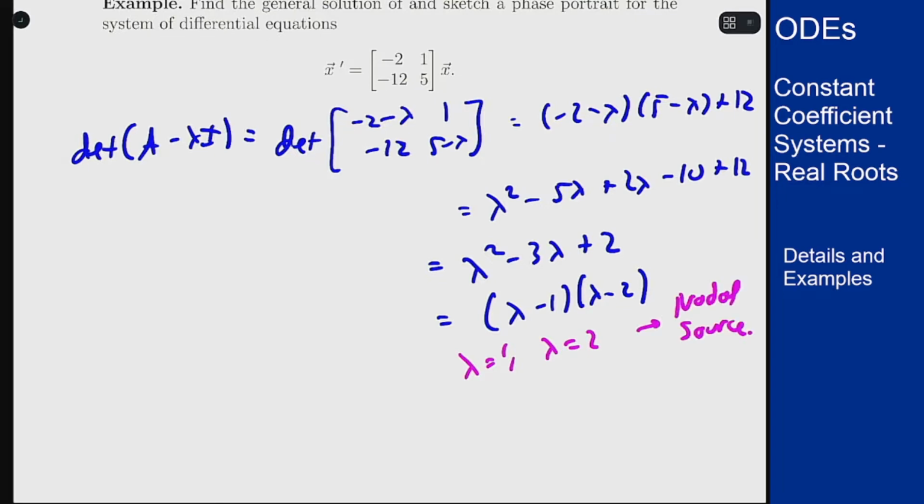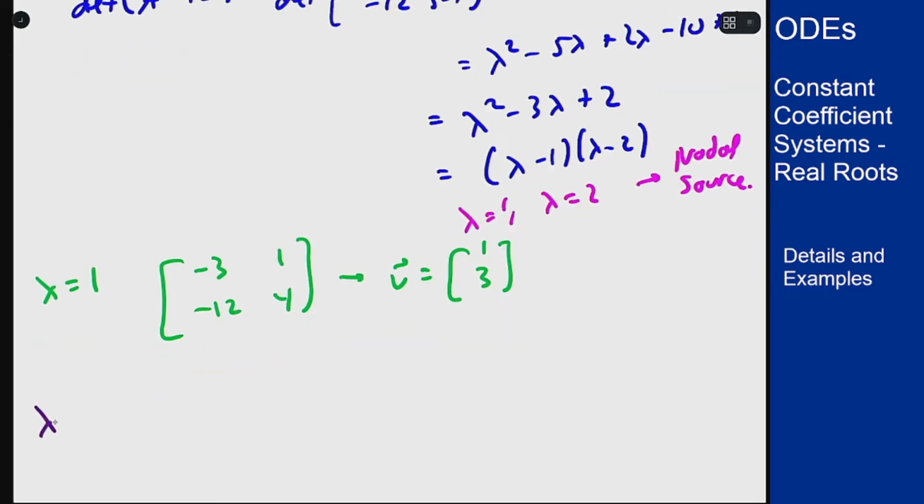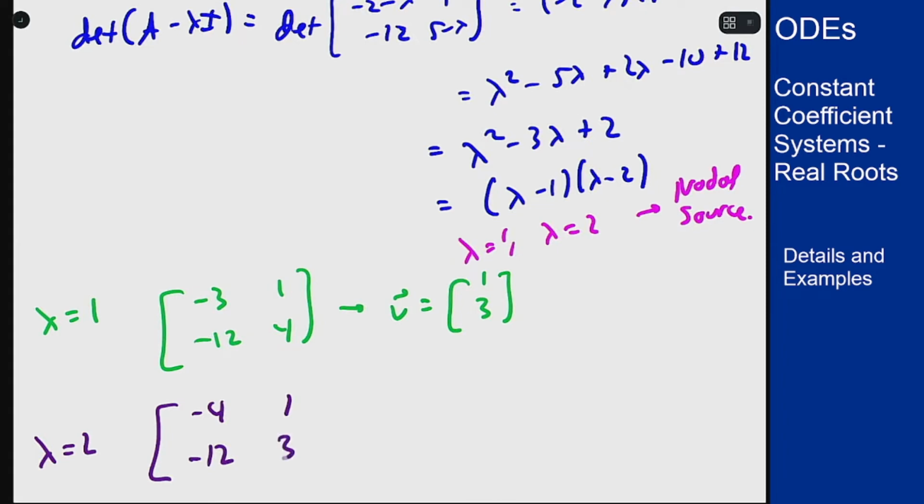Now to draw it, I need the eigenvectors as well. For lambda equals 1, the matrix becomes minus 3, 1, minus 12, 4. The bottom row is just 4 times the top one, so it'll cancel out, and an eigenvector here is 1, 3. For lambda equals 2, the matrix becomes minus 4, 1, minus 12, 3.